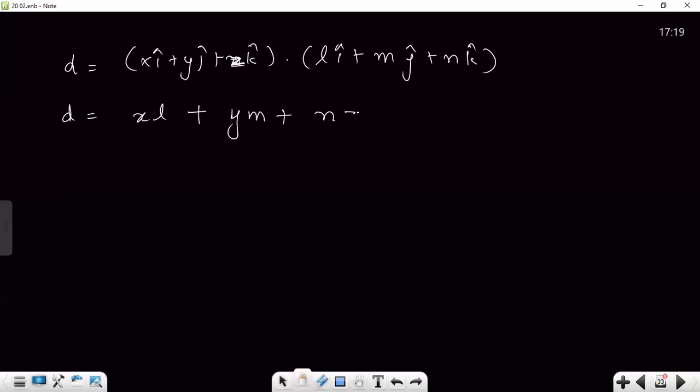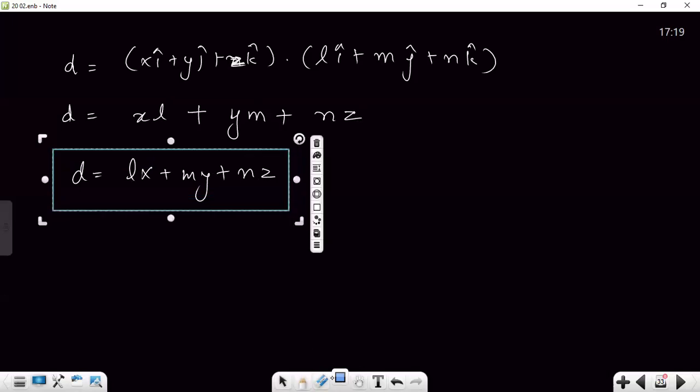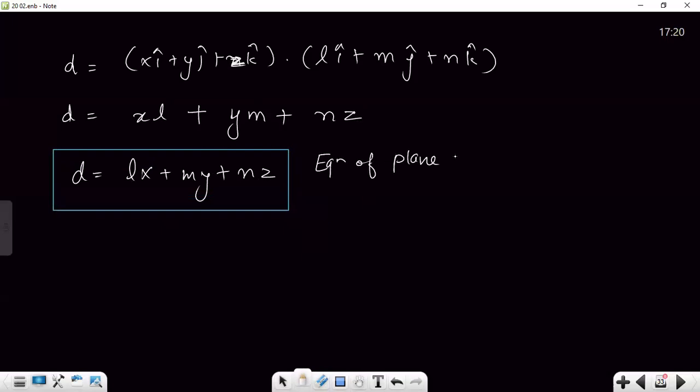Now this might look bizarre to you because of how I have written it. If you write it like this, lx plus my plus nz, then it's more familiar for us to remember. This is the equation of plane in Cartesian form.